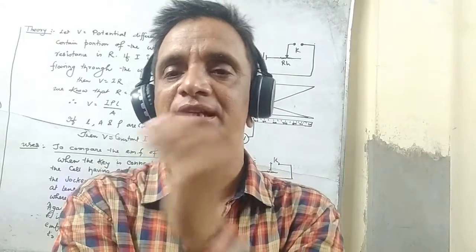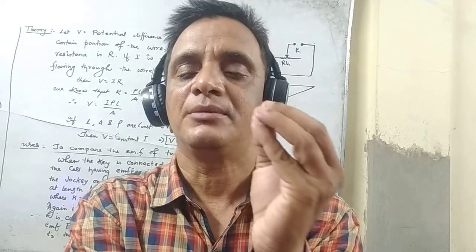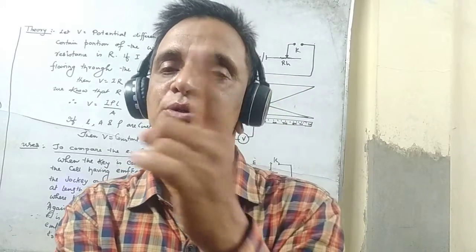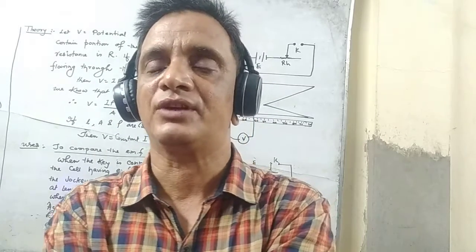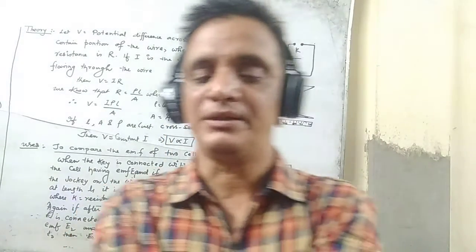So how can we measure it? There is a principle known as the principle of the potentiometer. By using that principle, we can go further for the exact measurement and comparison of EMF.